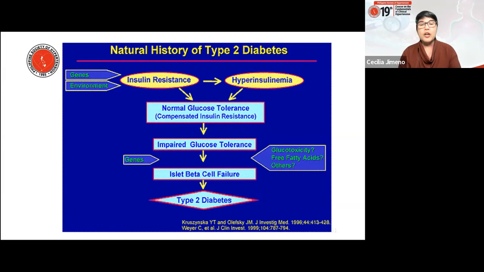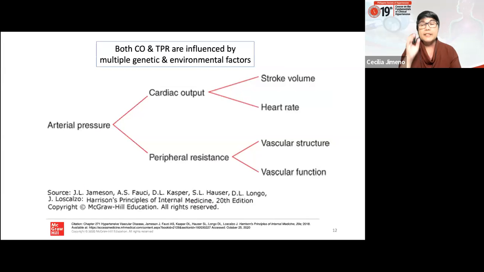So before I talk about how insulin resistance and hyperglycemia are related to the development of hypertension, let's take a look at normal physiology and remember that what determines our arterial pressure is our cardiac output and the peripheral resistance. And cardiac output is the product of stroke volume as well as our heart rate.